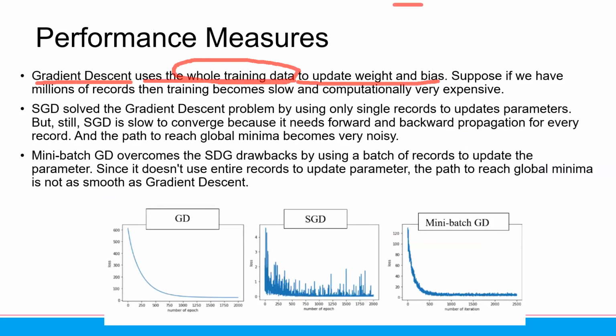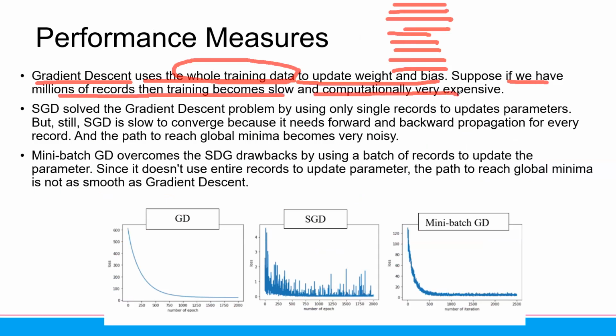So if you have a lot of data, we will use all the training data to update the weight and the bias. So if we have millions of records, then training becomes slow and computationally very expensive. But if you look at this graph, the loss function will be very smooth. So you will get the best performance at some point.